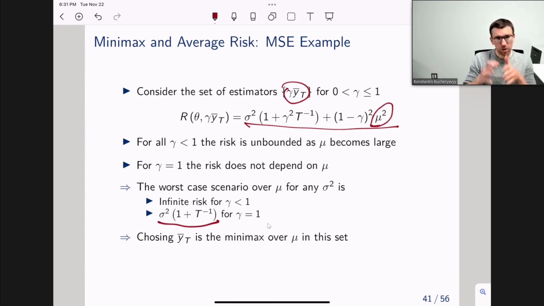So in terms of the minimax rule, it's better to choose this as our rule. Now, but there are alternatives.